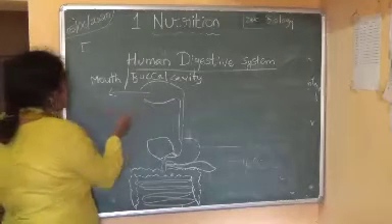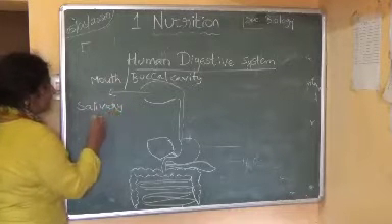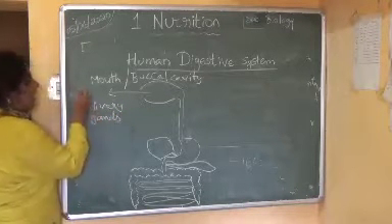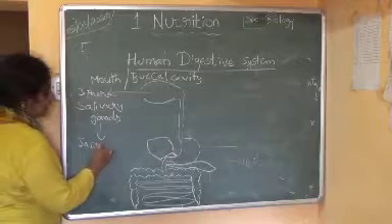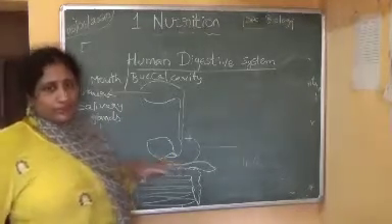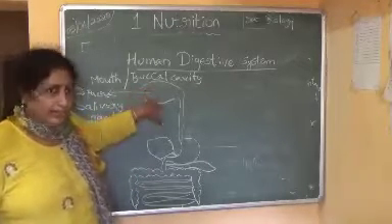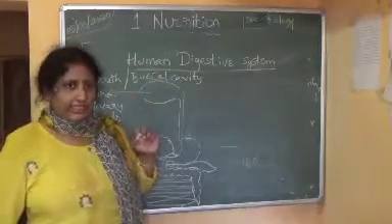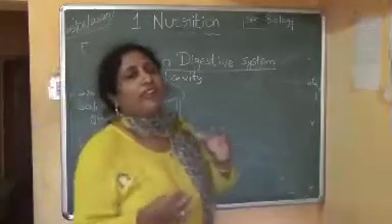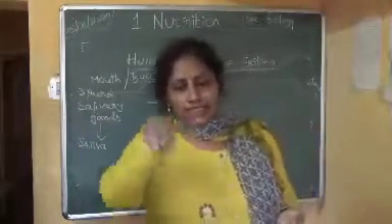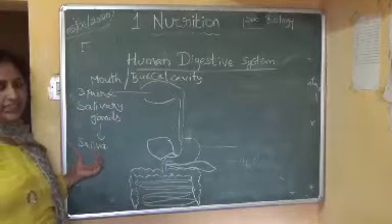So here you have salivary glands, 3 pairs of salivary glands which secrete saliva. What is saliva? It is something like spit. So after taking food in the mouth, we chew the food with teeth, then the salivary glands secrete saliva which helps to make the food slippery, that is smooth. What helps us make it slippery? Saliva helps.